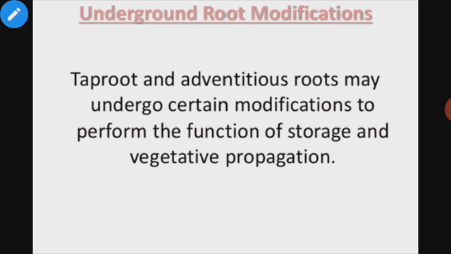Underground root modifications. Tap roots and adventitious roots may undergo certain modifications to perform the functions of storage and vegetative propagation. Roots like carrot, radish, turnip and sweet potato are modified to store extra food in them.